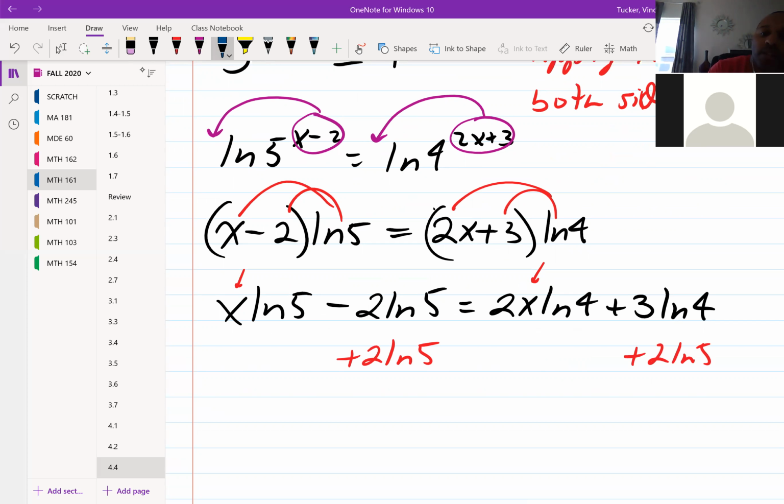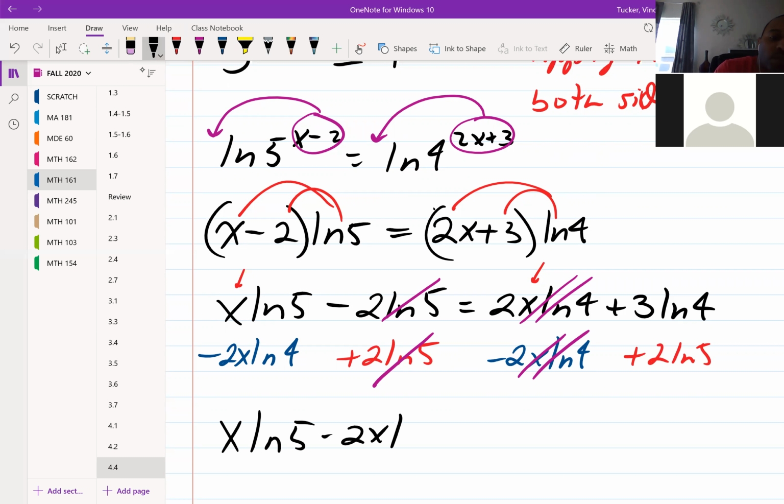And subtract 2x natural log of 4, take it to the left side. So this is going to cancel over here. This cancels over here. And that'll be x natural log of 5 minus 2x natural log of 4 equal to 2 natural log of 5 plus 3 natural log of 4.